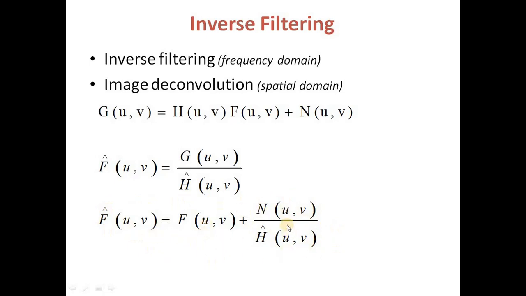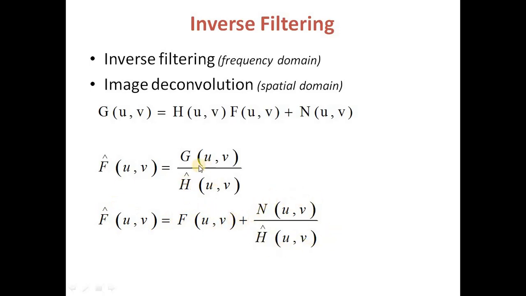So you see over here that even though you have a very good estimate of the degradation function, you are getting a restored image which is not totally F of u comma v. The restored image is not equal to the original image, but it is equal to the original image plus a finite quantity.